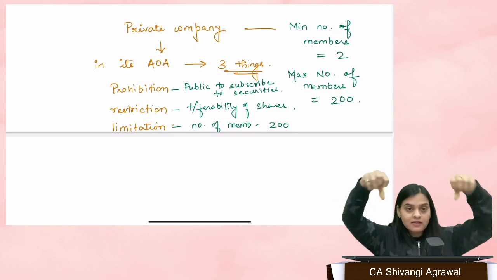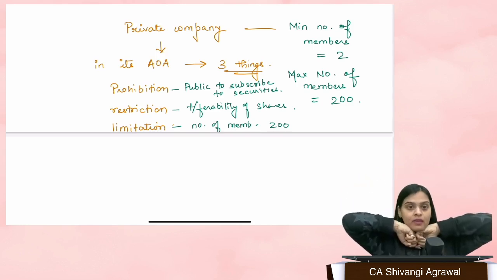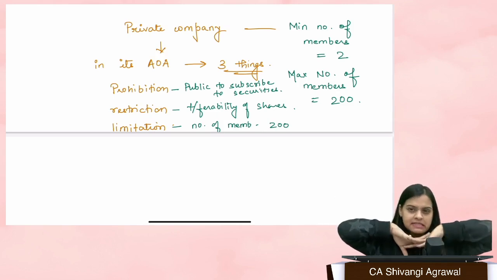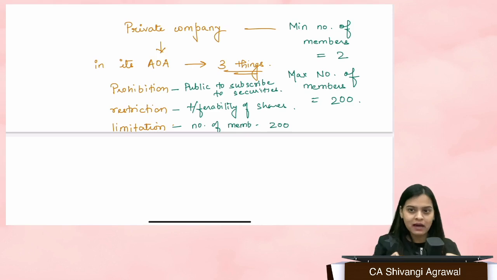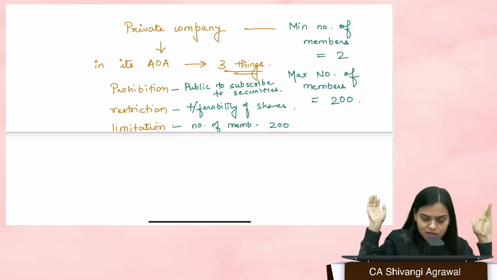There are, let's say, 10 shareholders in a private company. One of the shareholders thinks that, okay, now I want my money back. I have invested 50,000 in this particular company. It's a private company. We all 10 friends decided to form a private company. I am holding, let's say, 500 shares at the rate of 100 each, right?